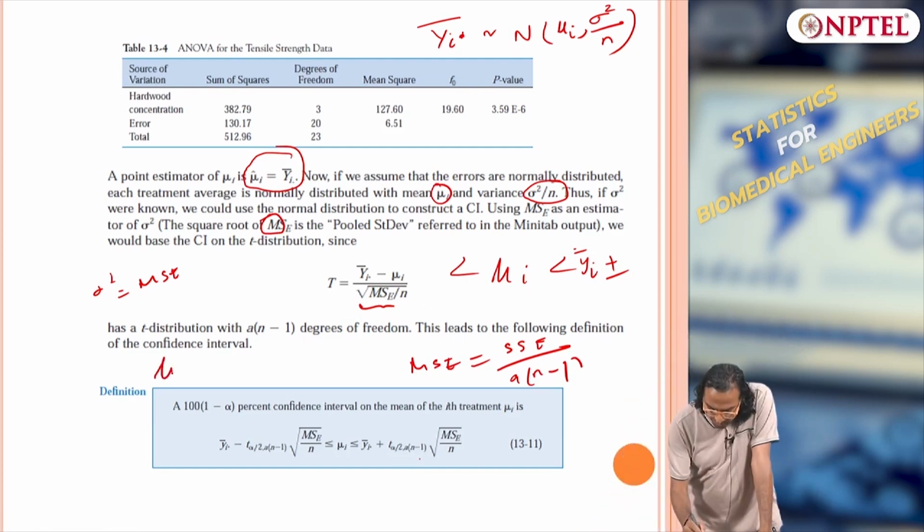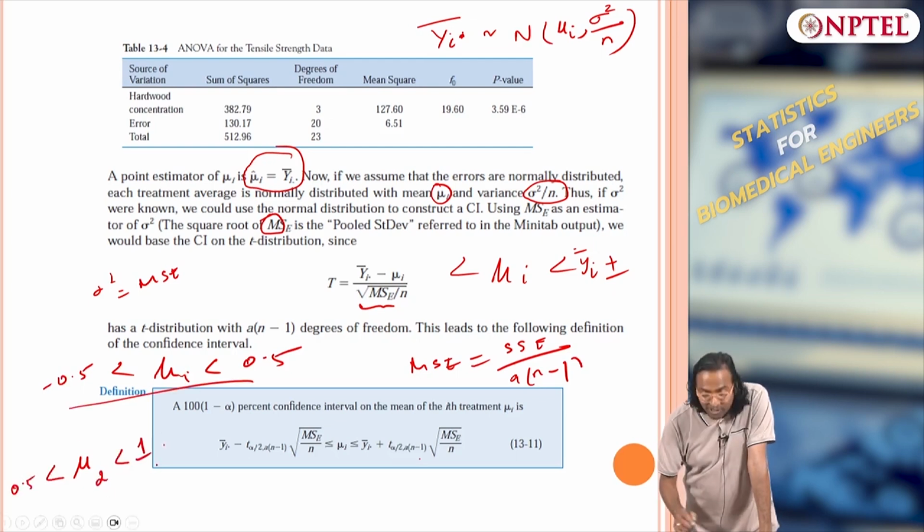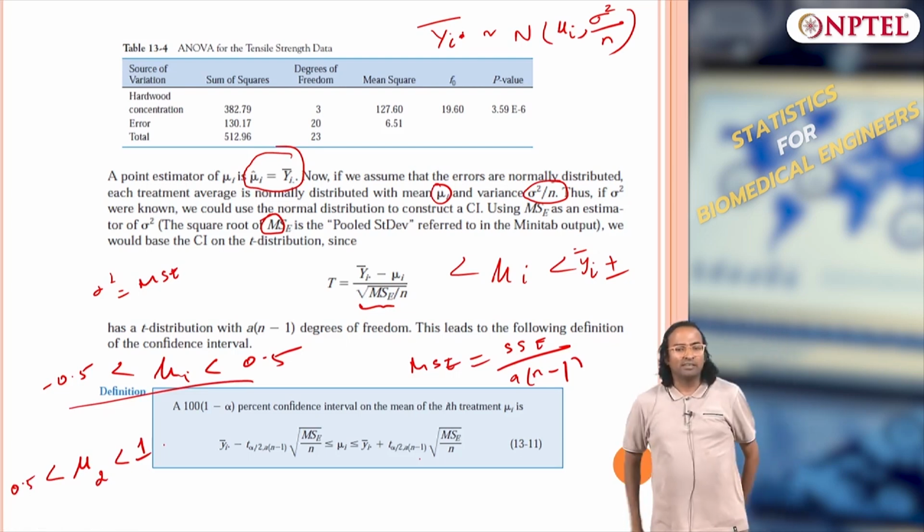Suppose my confidence interval is this, plus 0.5. mu 1, which is greater than 0, mu 1 or mu 2 is greater than 0, most likely.